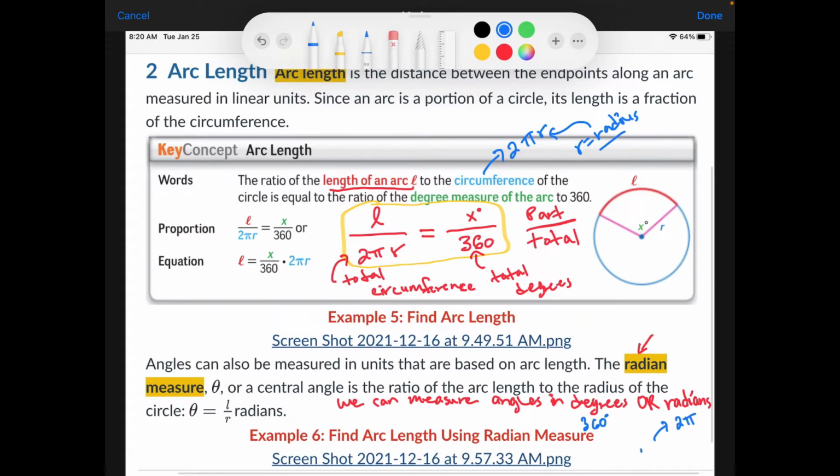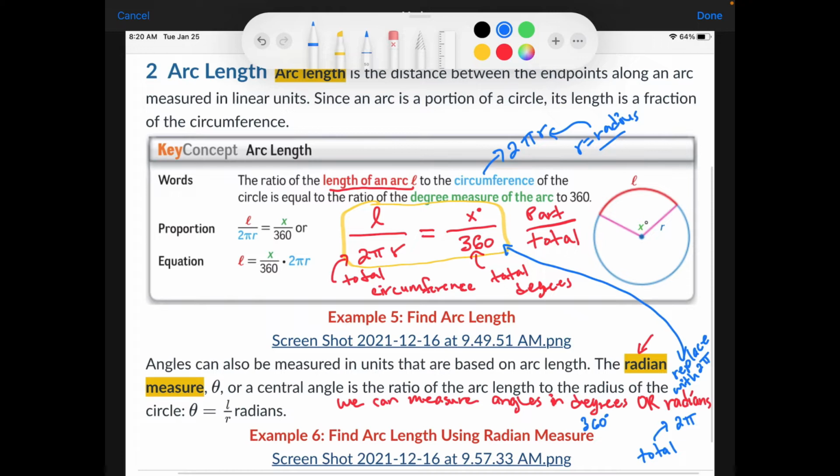In radians, all the way around the circle would be 2 pi. So over here, you would replace it with 2 pi. Only replace it with 2 pi if the problem measures the angles in radians.